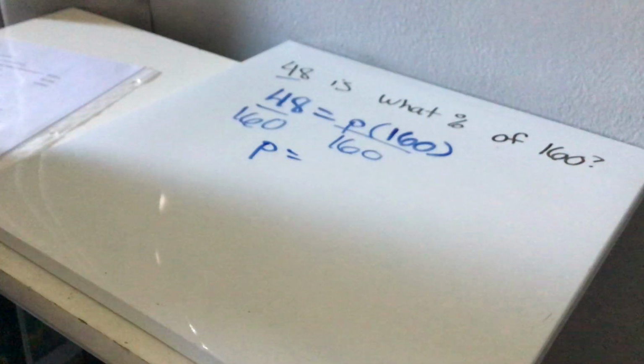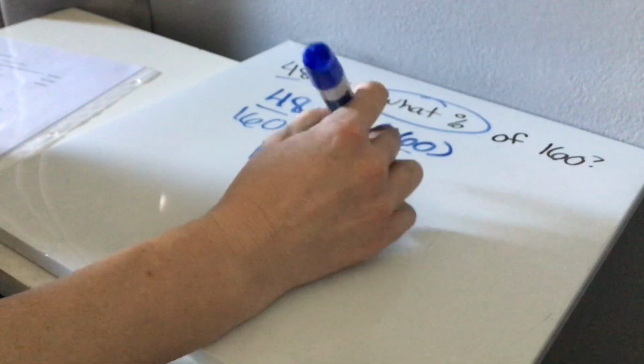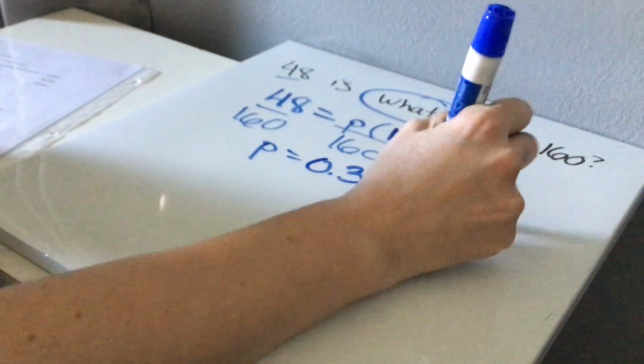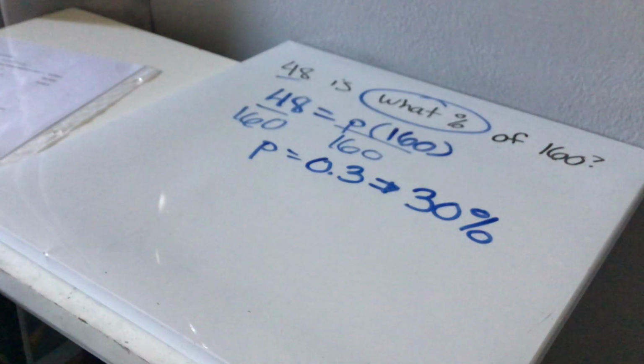And 48 divided by 160 is 0.3. But remember, this is asking you for a percent. So now we're going to turn our decimal into a percent, 2 places to the right, that is 30%. So 48 is 30% of 160.